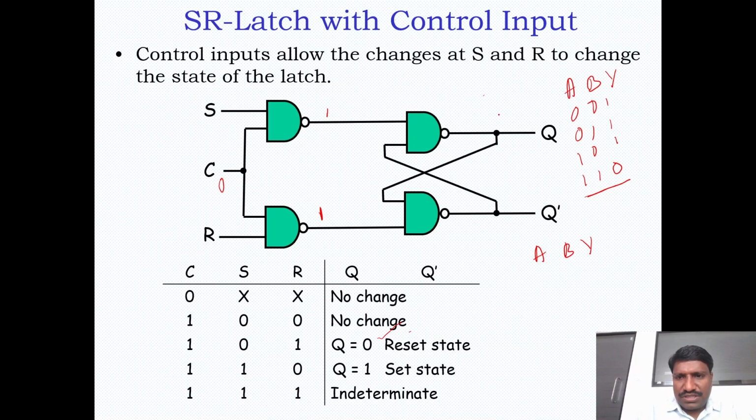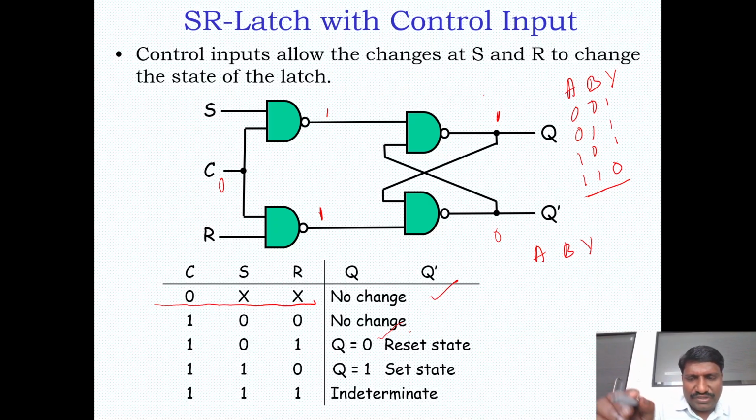Let's suppose presently the Q value is equal to 1. Let us assume 1, 1, 0, 0, and 1, 0's complement is 1. So whatever is there, S doesn't matter, R doesn't matter, there is no change.